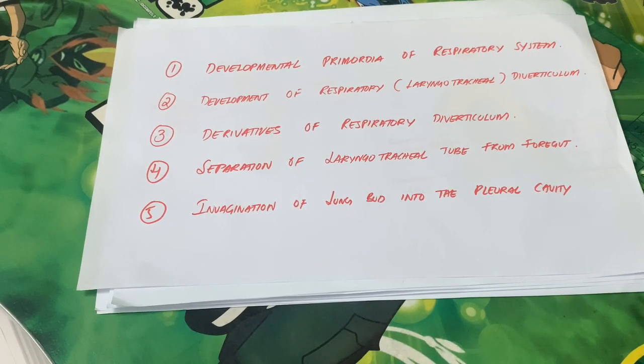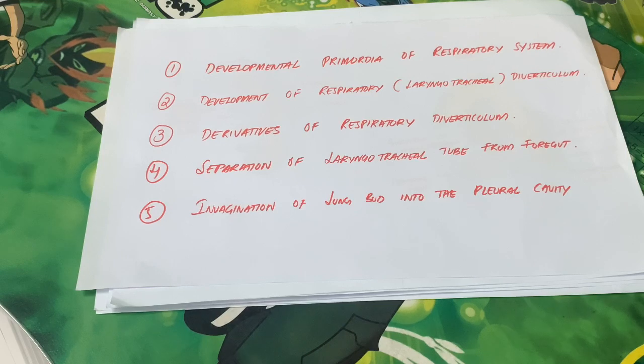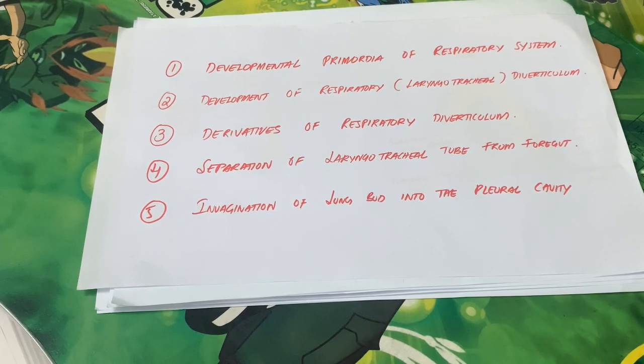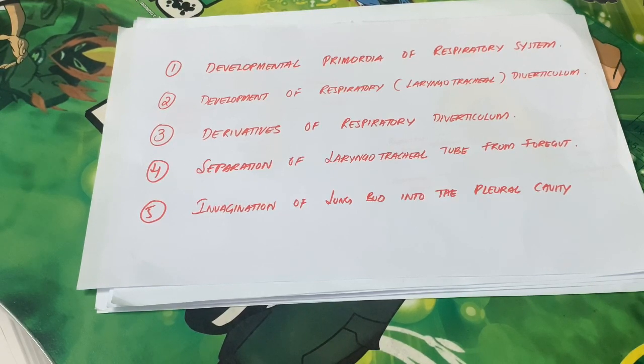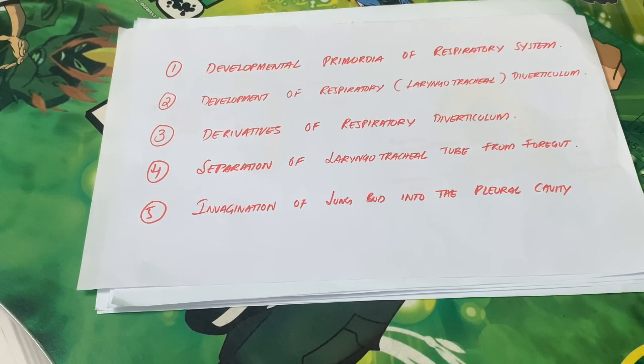Number one is the developmental primordium of the respiratory system. Number two is the development of the respiratory or laryngotracheal diverticulum. Number three is the derivatives of the respiratory diverticulum. Number four is the separation of the laryngotracheal tube from the foregut. Then, the invagination of the lung bud into the pleural cavity. I want to make it very easy to understand the development of the respiratory system under these headings.